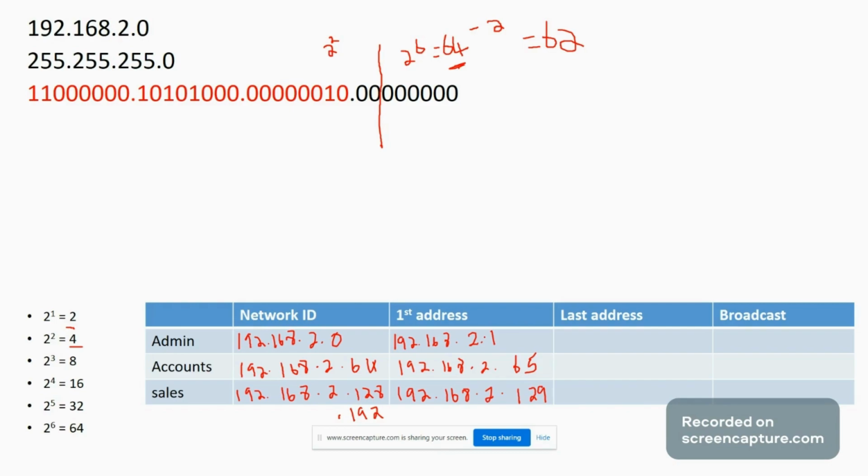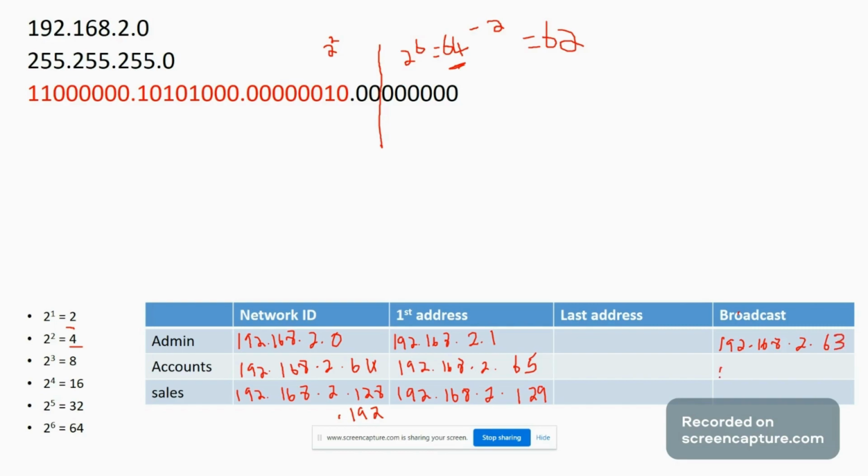Now, let's work out the broadcast address, which is the last address and cannot be used as an IP address on a host. So if you go to the accounts, which is 64, which indicates our next network ID, if we take 1 off that, that will give us the broadcast address. So we get 192.168.2.63.